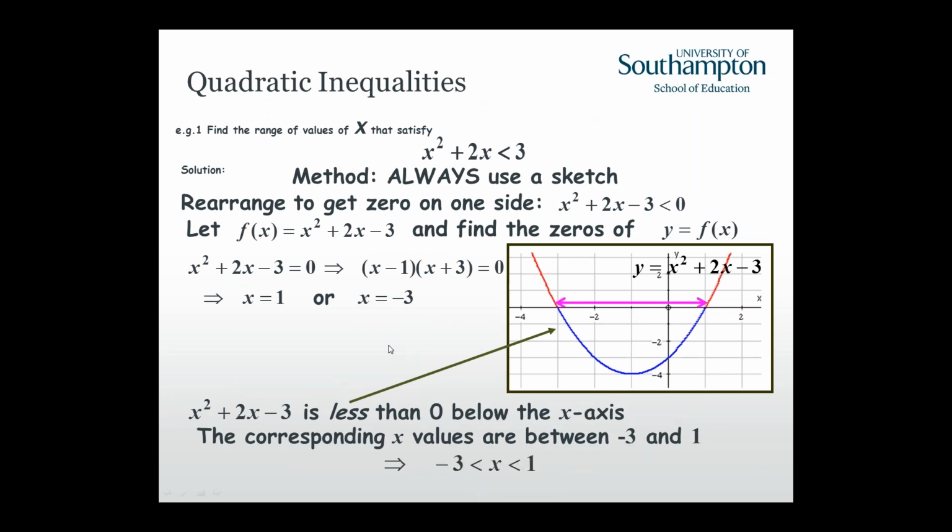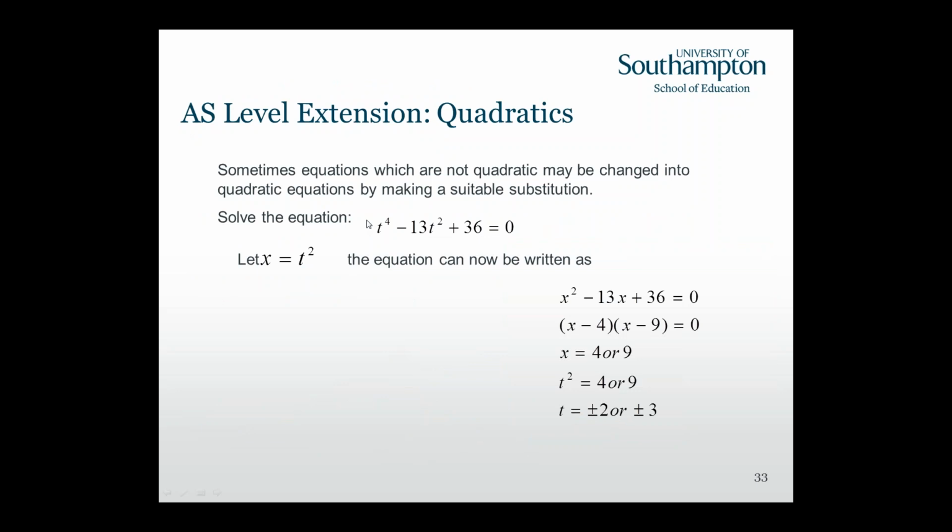Equally, extending quadratics, sometimes they're a bit mean and they give you a quartic, but it is still a quadratic. They just have to notice that if they call t squared x, they could rewrite this as a quadratic, which they can then solve. And when they've solved that, they then put it back to being t squared again, which they can then square root to get the answers.